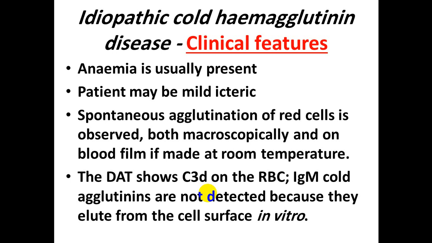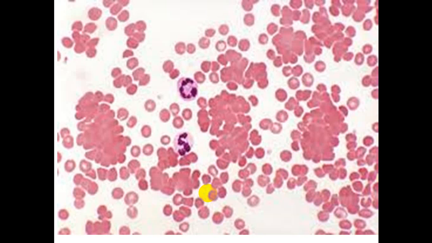The direct antiglobulin test, or Coombs test, shows the C3d component of complement on the red blood cells. IgM cold agglutinins are not detected because they elute from the cell surface in vitro after washing of the red blood cells.